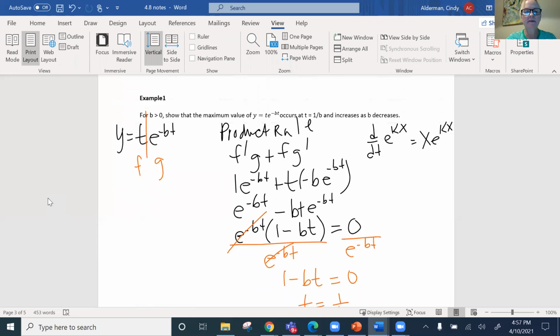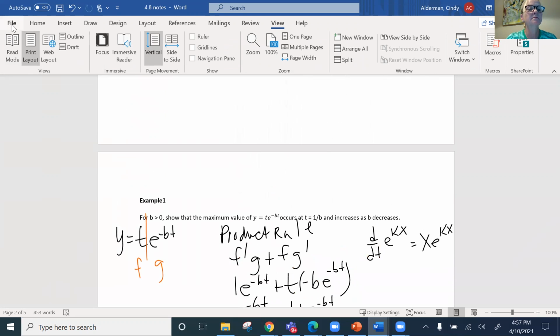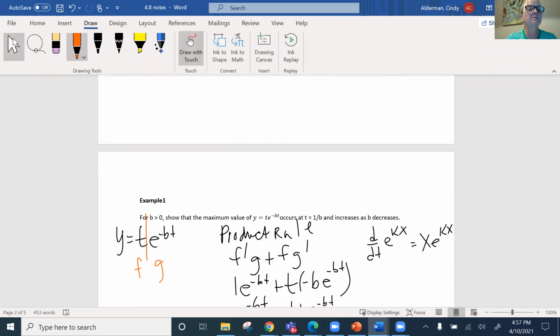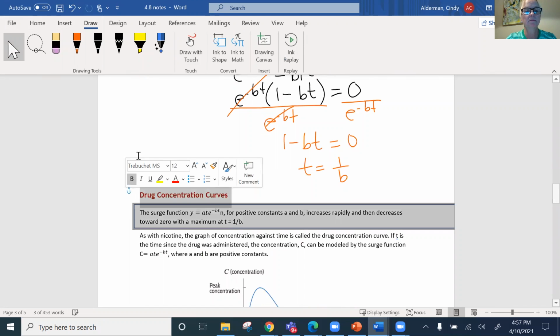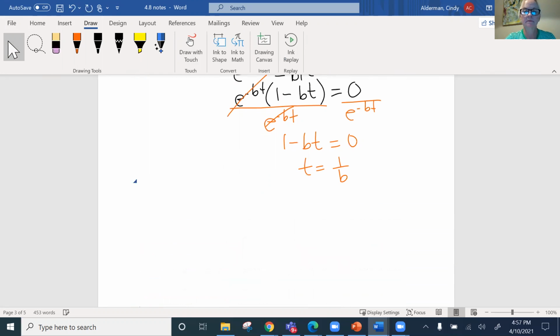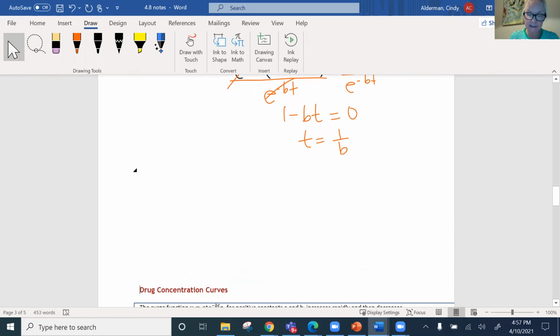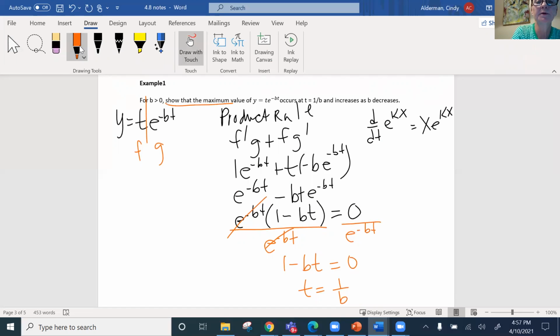And the second part of this is asking, let's look at it here. We showed that the maximum value occurs at 1 over b, right? Right there.